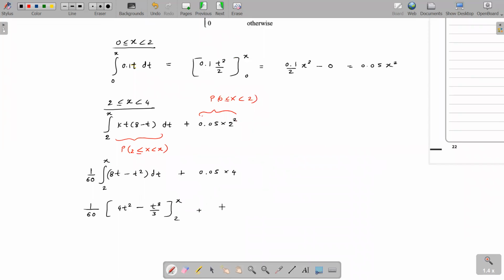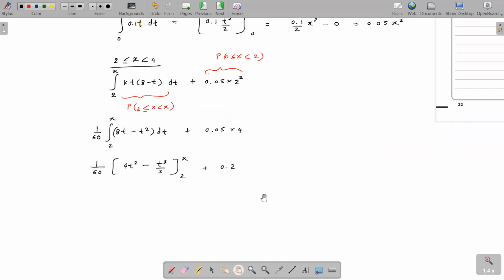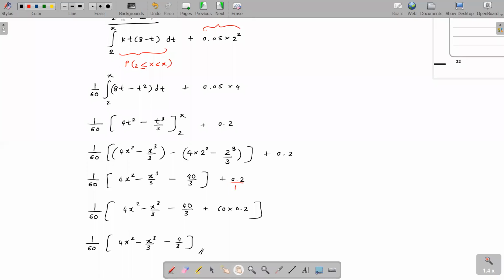All right, so let's simplify. You can see here I've done the rest of the simplification, substituting the x values, the boundaries, the limits. All right, so this is just typing in the calculator.